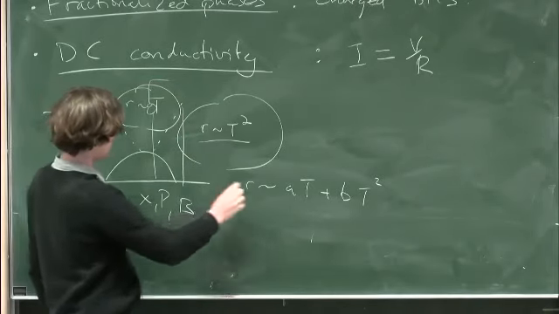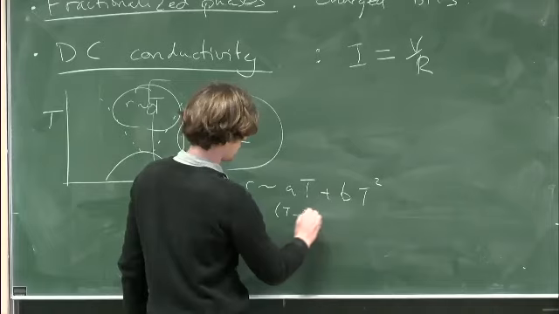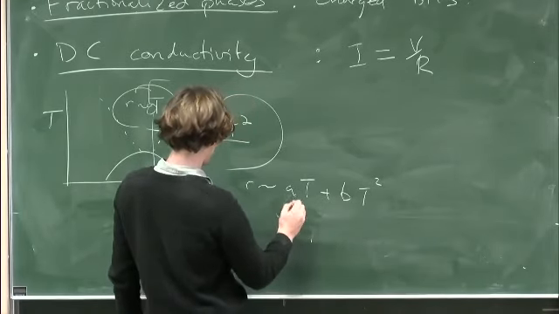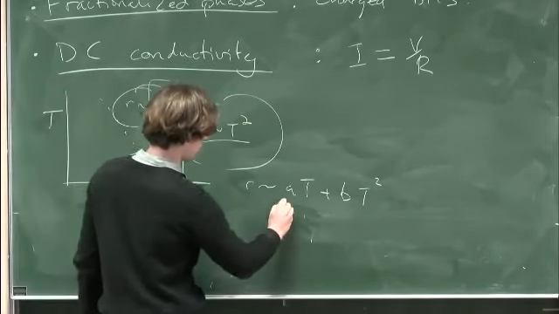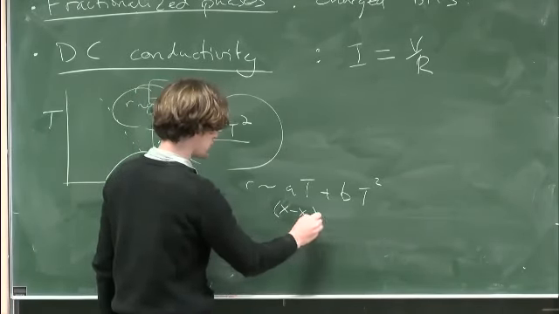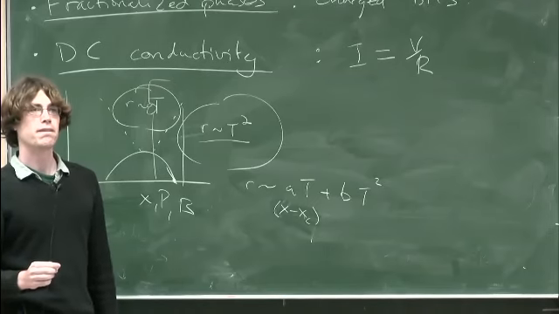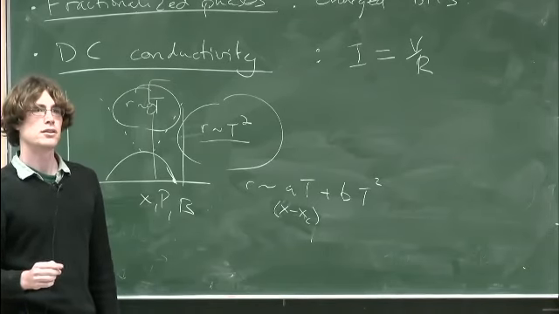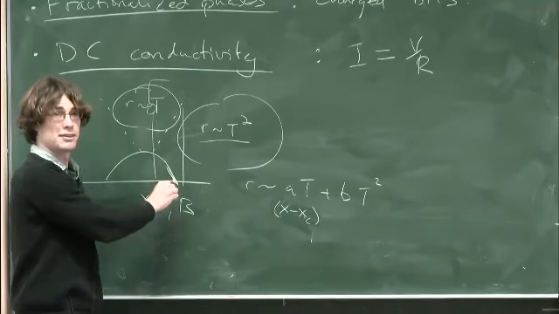And this A, as you approach this point, vanishes like x minus x critical. Oh, so is this what you meant, Sylvia? No, you meant something else. It's an empirical observation, several papers, that it vanishes as Tc vanishes.